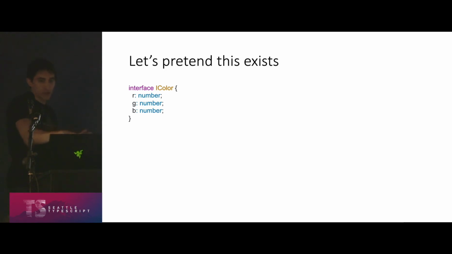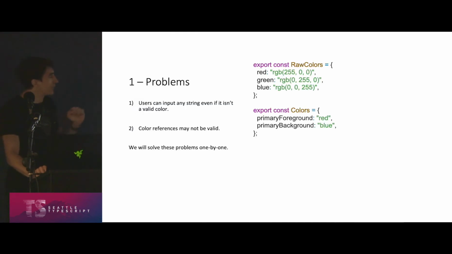So to start improving this, we're going to assume we've got this interface right here. I'm only putting this on its own slide because I don't want to paste it on every slide. All it is is a color that's represented by a red and a green and a blue. And that's going to take care of doing the type checking for our colors right here.